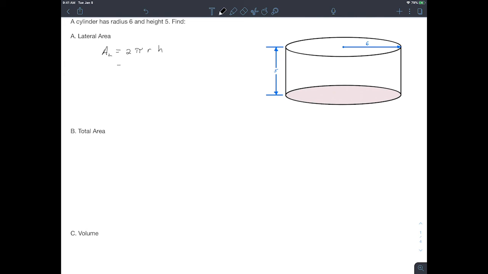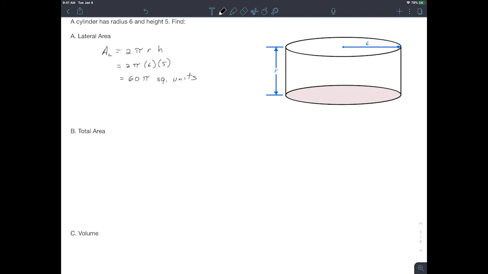And we simply put in the corresponding values. 2 pi, the radius in our case here is 6, and the height is 5. Multiplying all that out, 6 times 5 is 30, times 2 is 60 pi square units.